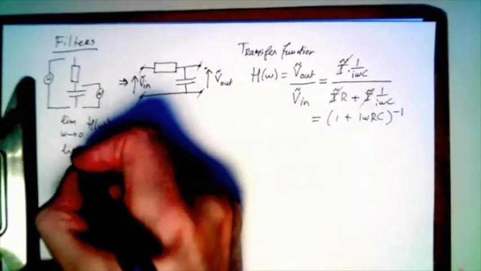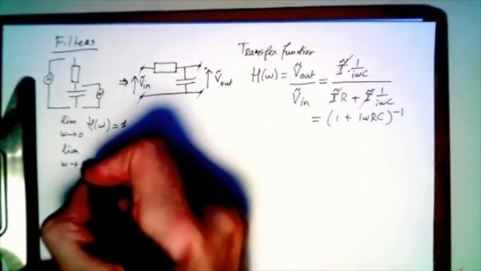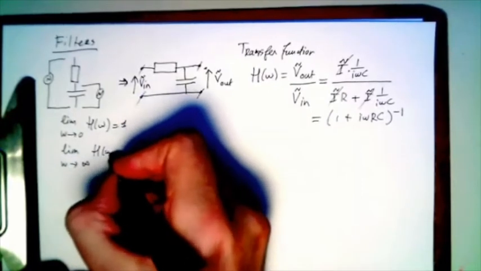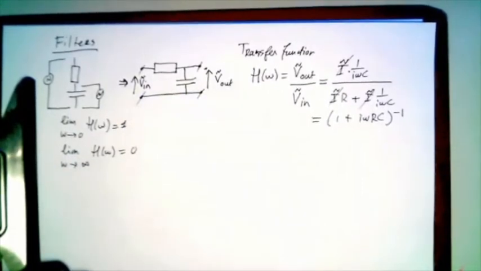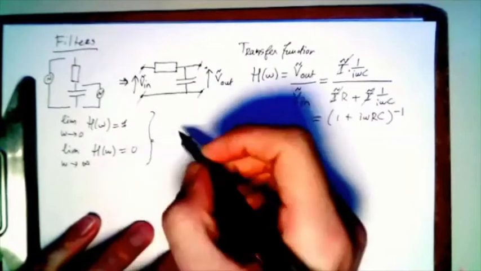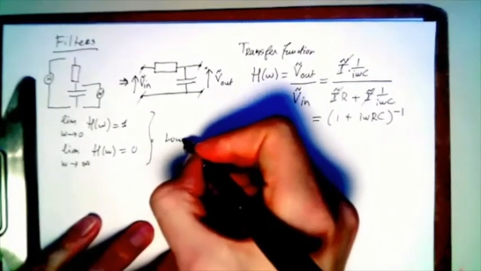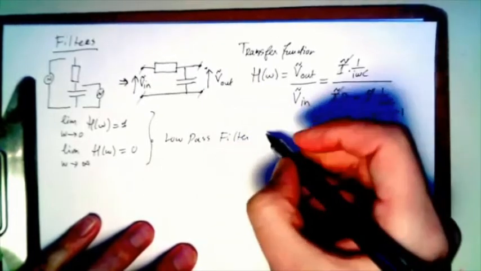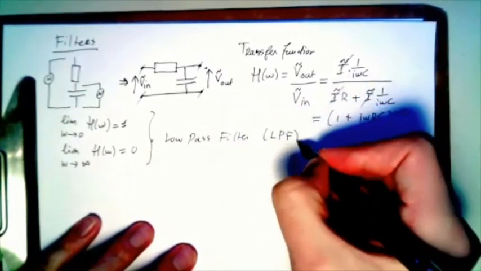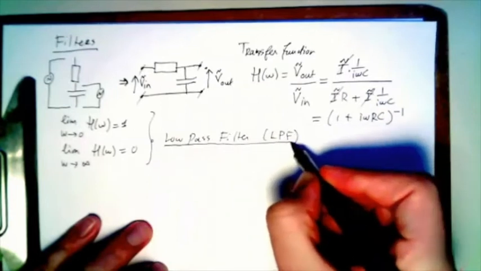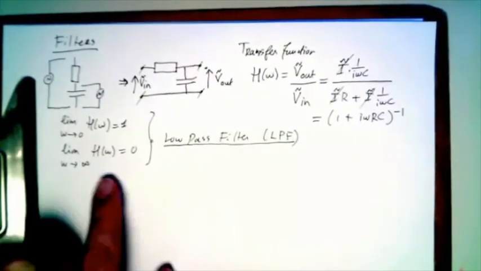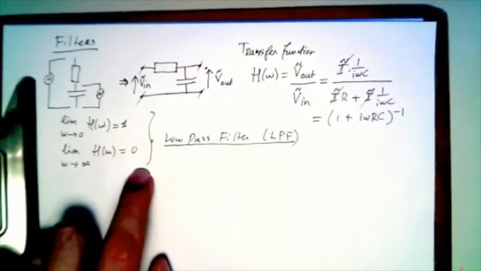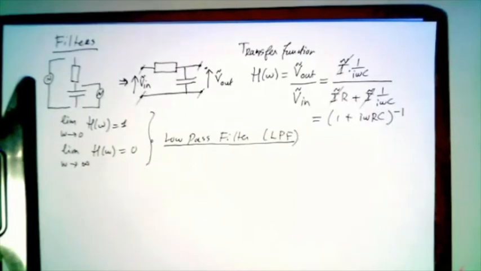And if you take the limit of omega going to infinity of this transfer function, it is 0. So therefore, this is a low-pass filter, or LP. Okay, so that's how you identify it. You say, okay, this is 1 or 0.